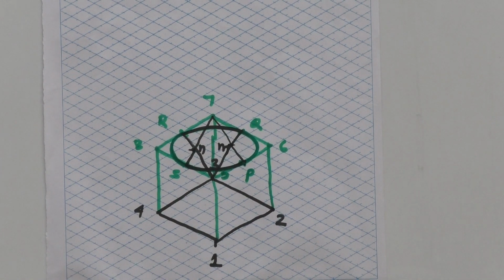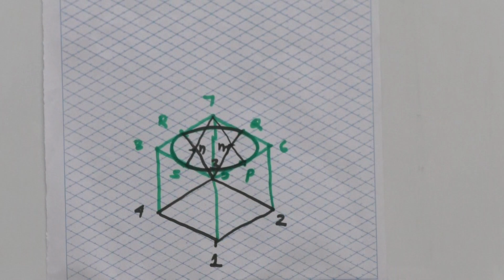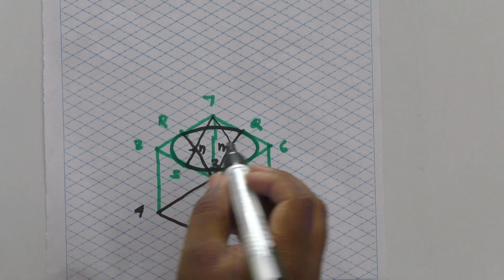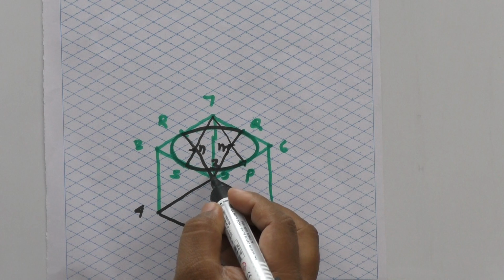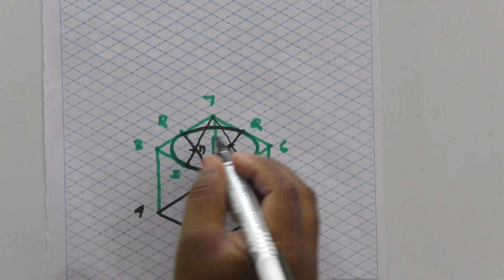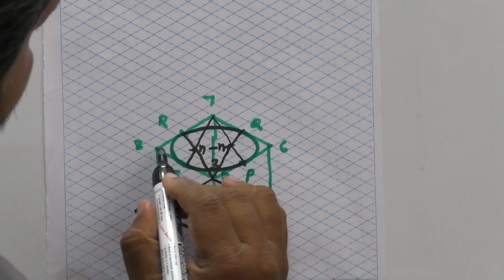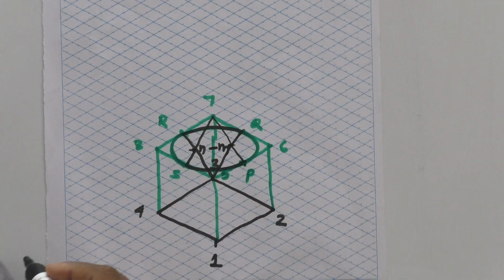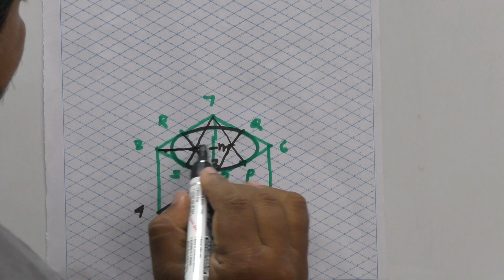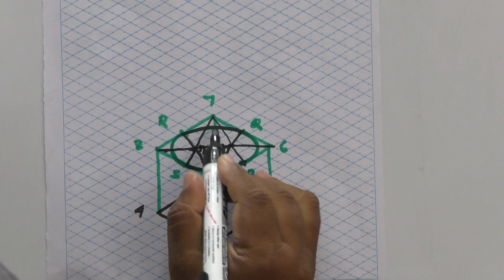Now this becomes the base of the cone, and what is the height of the cone? The height of the cone is 40 millimeters. This height will be measured from the center of the top face of the cube. To identify the center of the top face 5, 6, 7, 8, join 6 to 8 diagonally and 5 to 7.